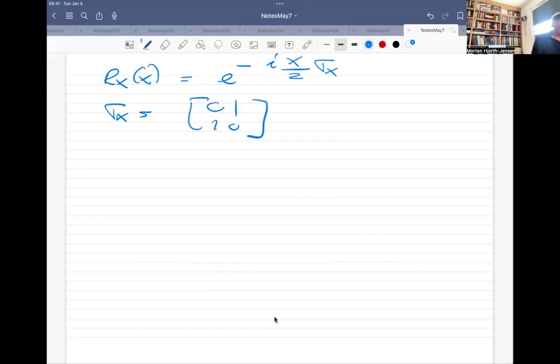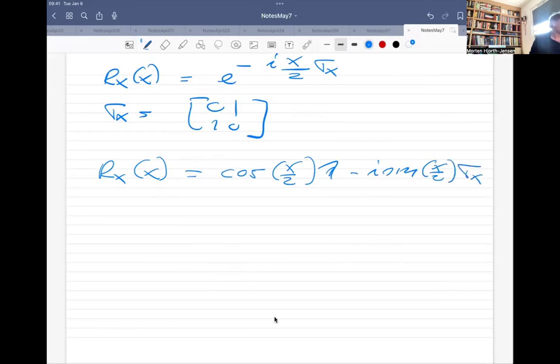And we know that this R of x, when we use the properties of the exponential, we just expand the exponentials. This is given by cosine of x half multiplied with the identity matrix minus i times sine of x half multiplied with the Pauli X matrix.